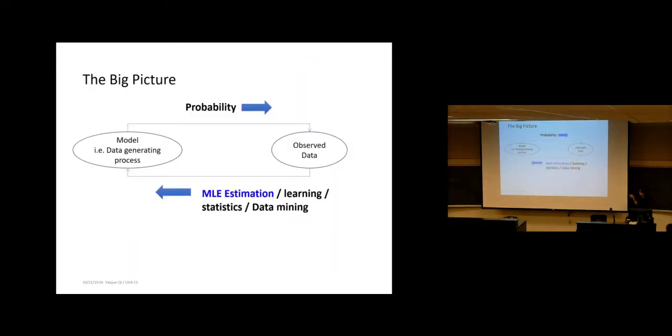So when you have a probability model, the probability model generates the observed data according to the model you assume. And from the data, you perform maximum likelihood estimation to estimate the parameters that determine the probability model. So remember there are 2 directions: model to data, data to model.